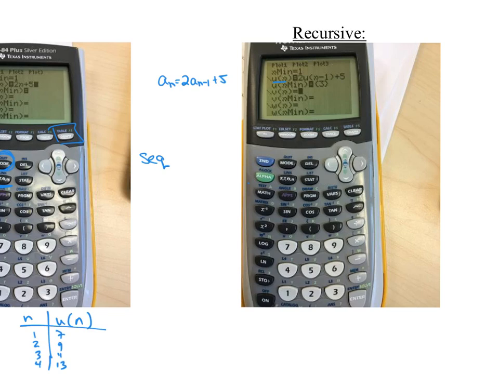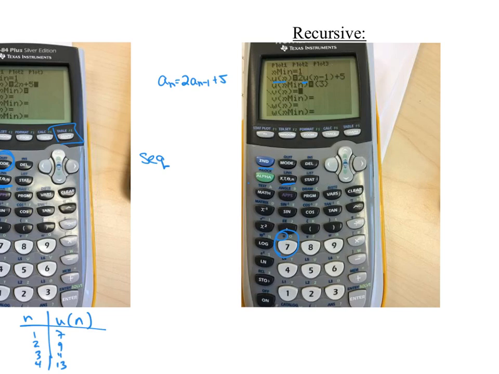So we'll put the 2 in. The U button is right here. You can see the little U right there. So you hit the second button and then the 7, and that'll give you the U. You'll put a parenthesis, and then the n is still where the x is. You'll close that out, then type in plus 5.